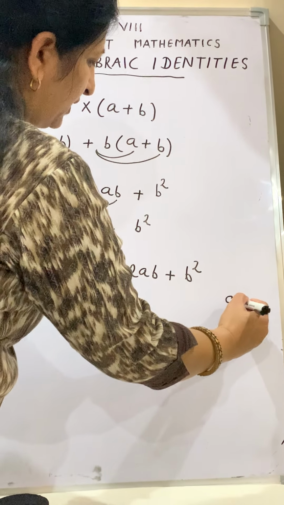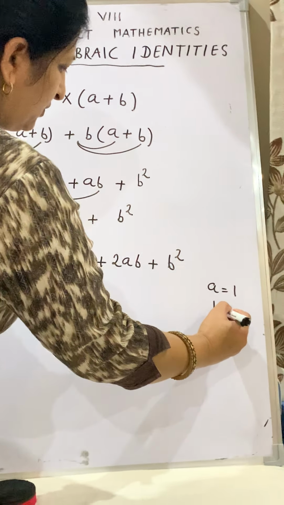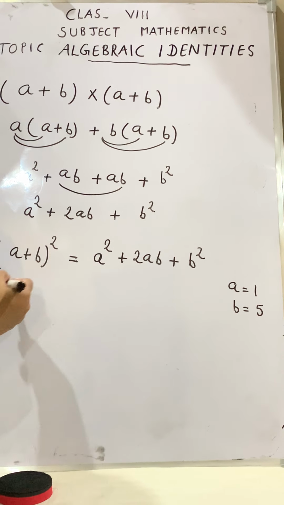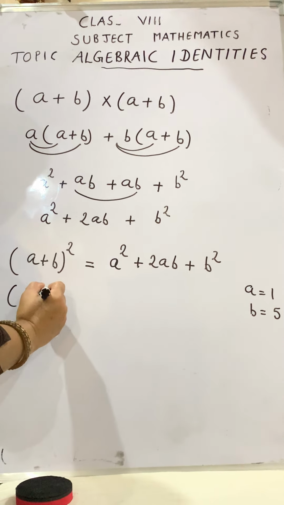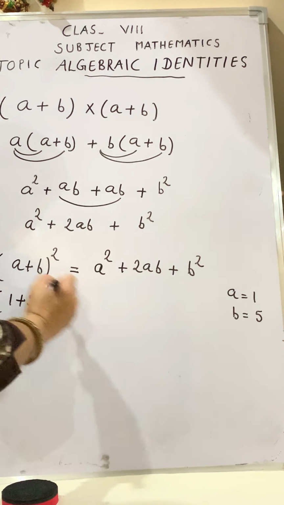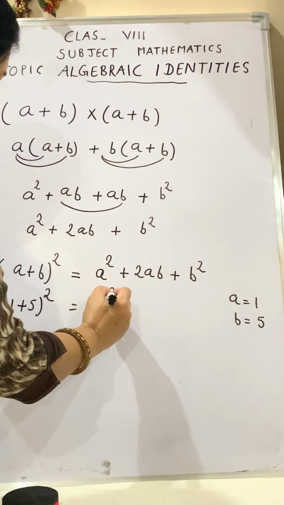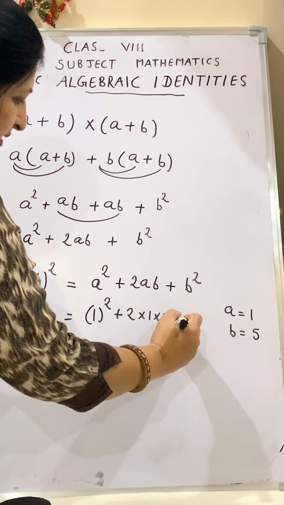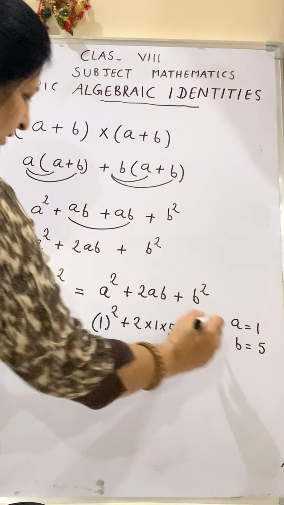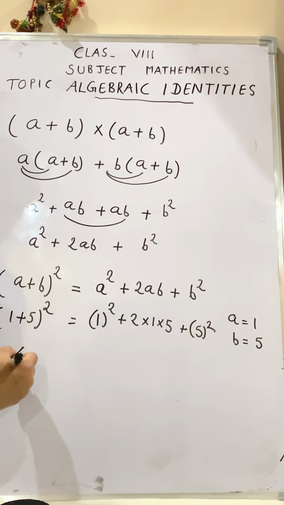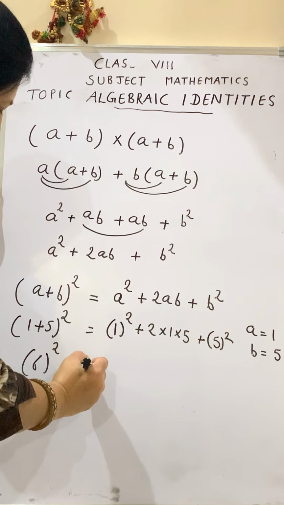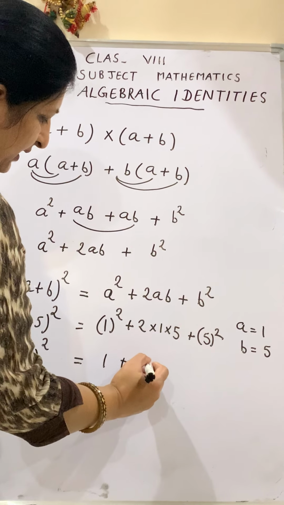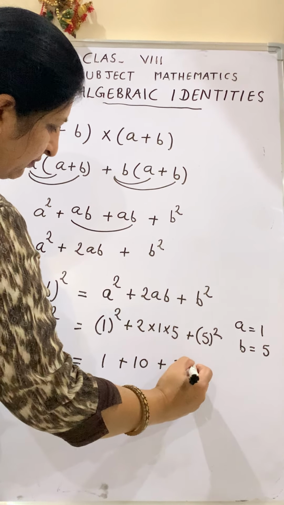When we put a equal to 1 and b equal to 5, we will write left hand side 1 plus 5 whole square is equal to 1 whole square plus 2 multiplied by 1 multiplied by 5 plus 5 whole square. 1 plus 5 is 6, whole square is equal to 1 square is 1, plus 2 1s are 2, 2 5s are 10, plus 5 5s are 25.